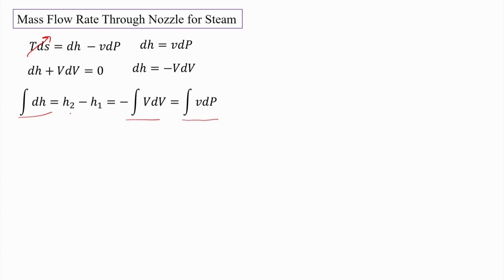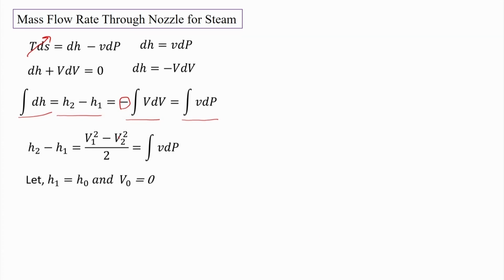Integration dH is equal to H2 minus H1, which is enthalpy at the exit minus enthalpy at the inlet. And the VdV integration will be V1 square minus V2 square by 2, since it has a minus sign before it. V1 is the velocity at the inlet and V2 is the velocity at the outlet.